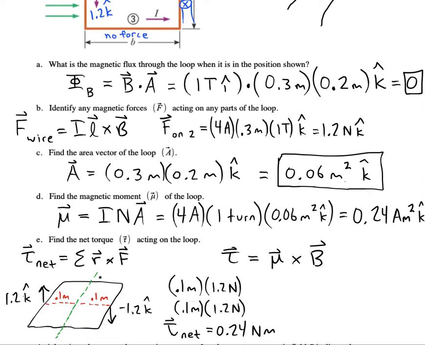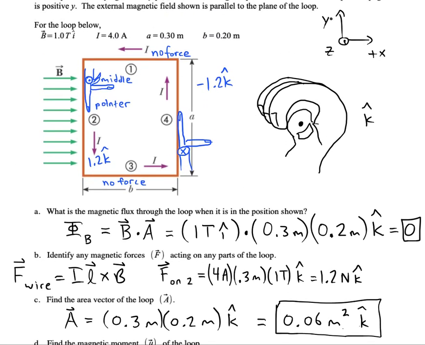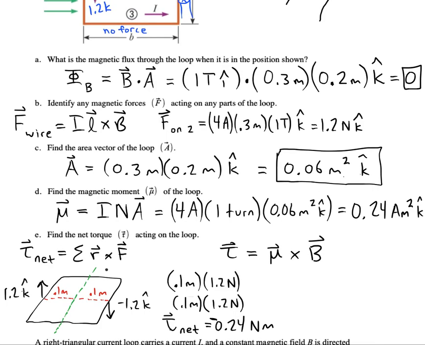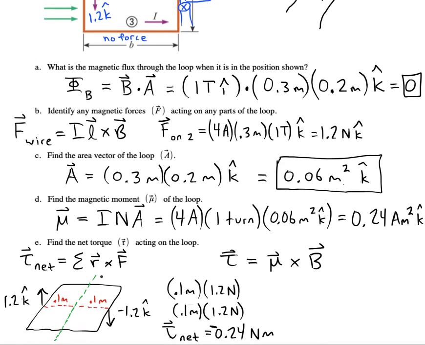So when an object wants to rotate clockwise, you would have said in physics 1 that that would be a negative torque. So you'd make it negative. But negative about what unit vector, right? So according to the directions given, this here would actually be the positive y direction.